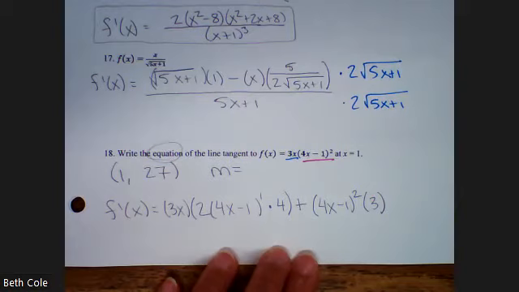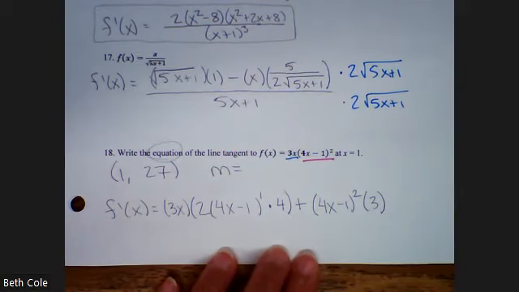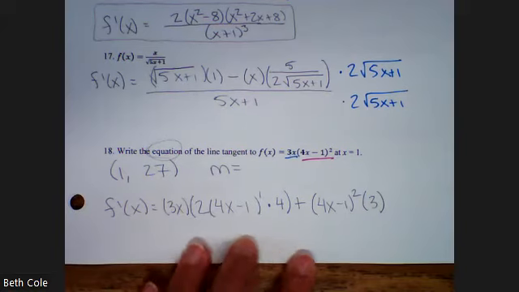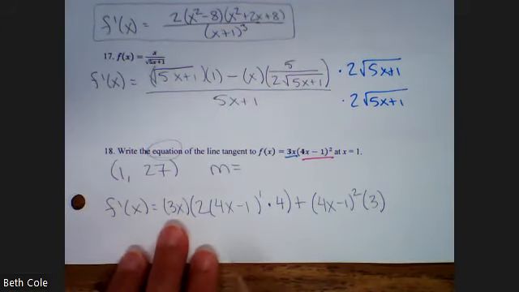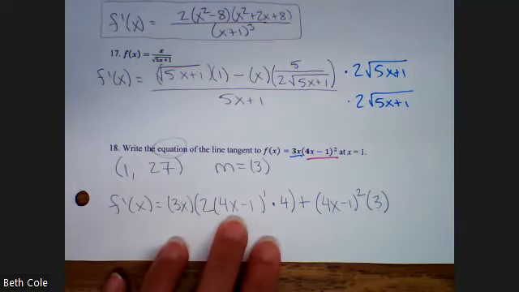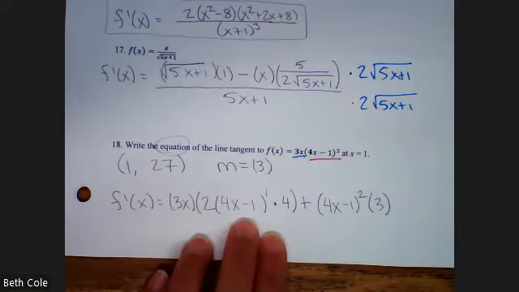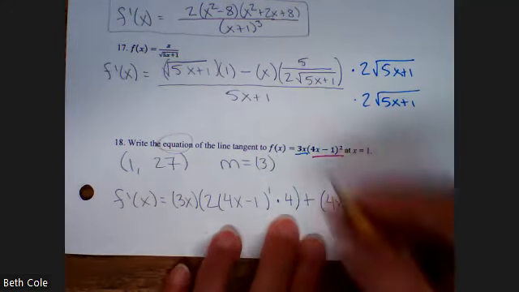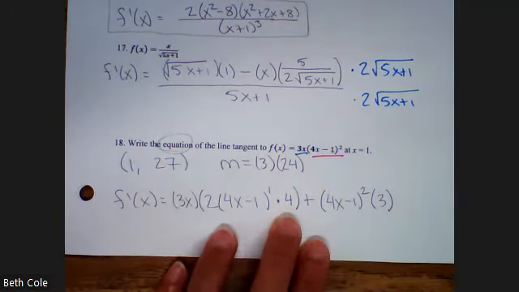Again, that order doesn't matter. It's just that's the way I've been doing it for years and years. So I have to be consistent or I forget what I'm doing. Don't mess with that. Don't do algebra. Algebra is the enemy because it's where all the mistakes happen. Just plug in 1. So if we plug in 1, this will be 3. This will be 2 times 3, so 6 times 4, 24.